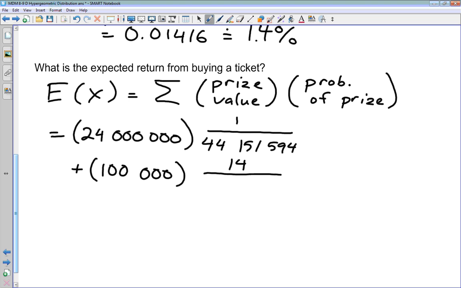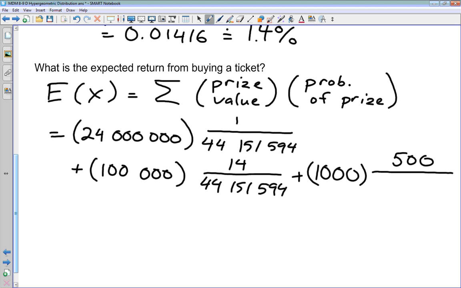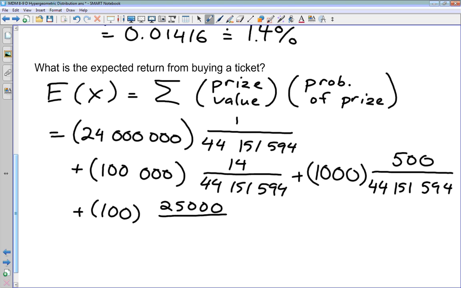So 14 over 44,151,594, plus our next prize, which was $1,000. How many $1,000 prizes were there? There were 500. Again, divide this by 44,151,594. Our next prize was a $100 prize, and there were 25,000 of those. Again, for the probability, we divide by 44,151,594.